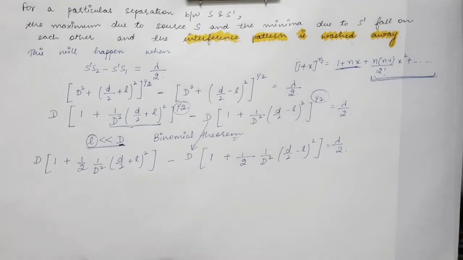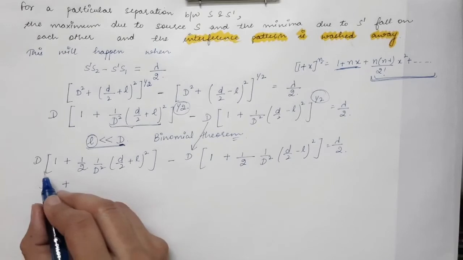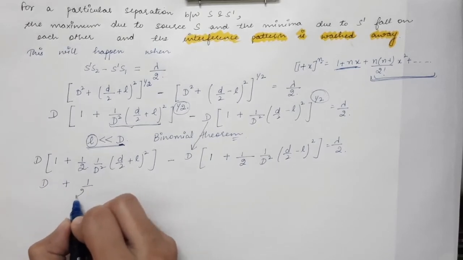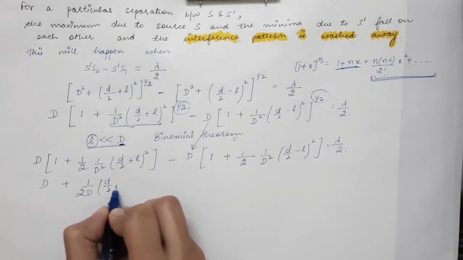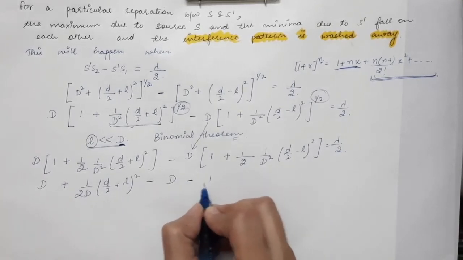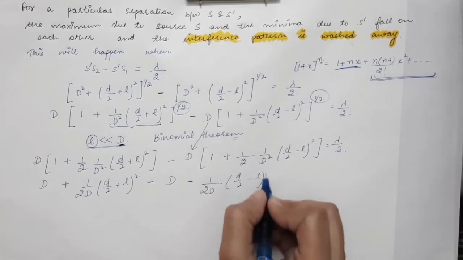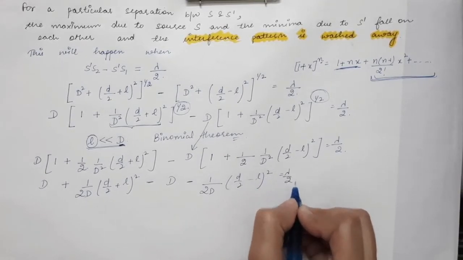So when you solve it, you will expand it and open the bracket. D + 1/2D (d/2 + L)² − D − 1/2D (d/2 − L)², that must be equal to lambda by 2.